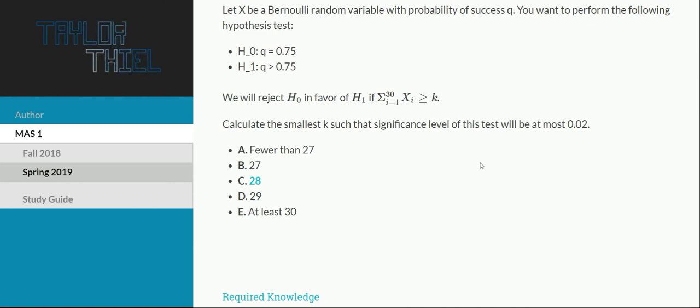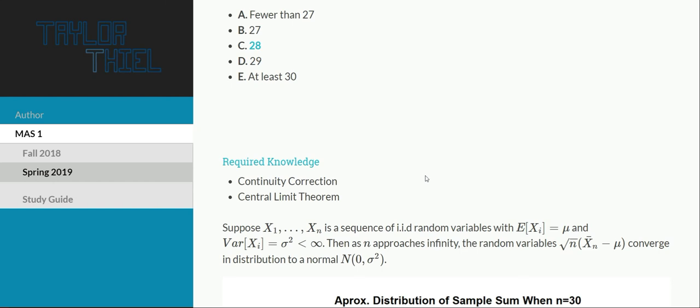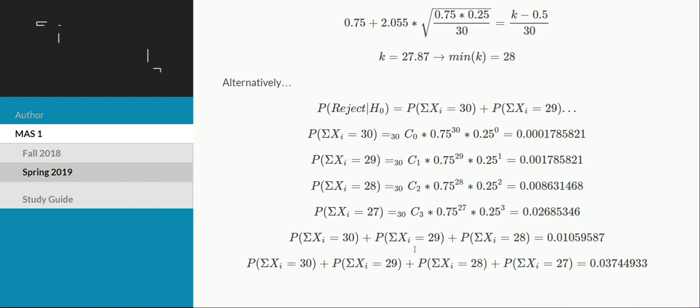Second, if you're watching this video soon after it comes out, the first sitting of this post-pandemic MAS1 includes an Excel-like feature in the online exam, and so it's not going to be too difficult to type this out and then drag and fill based off of different X's. So even if we were doing this by hand, this is still a viable option, but even more so when we have access to essentially Excel during the exam. So this is definitely a viable alternative.